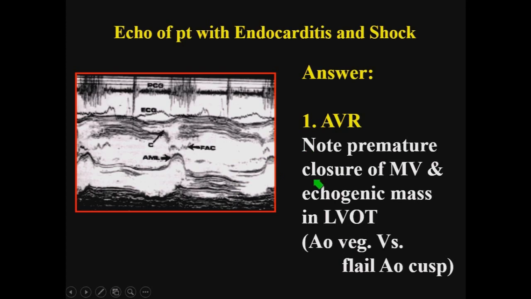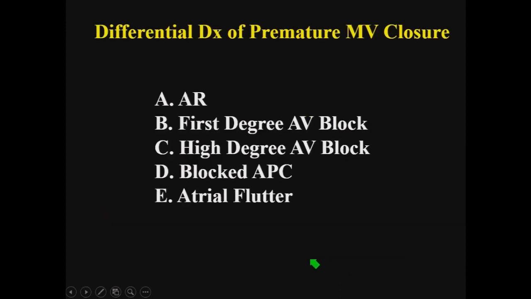So again, note premature closure of the mitral valve here. Okay? And that echogenic mass in the left ventricular outflow tract, this is aorta or vegetation on flail aortic cusps. Remember that there is differential diagnosis of premature mitral valve closure.